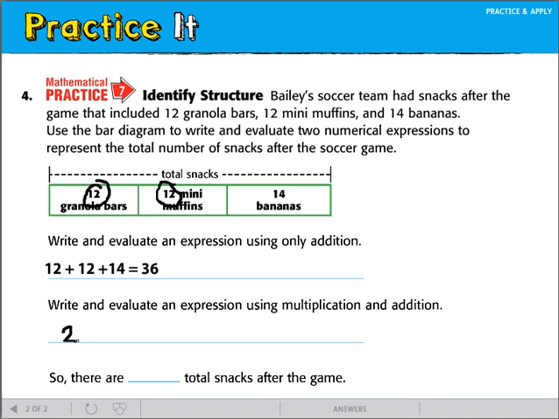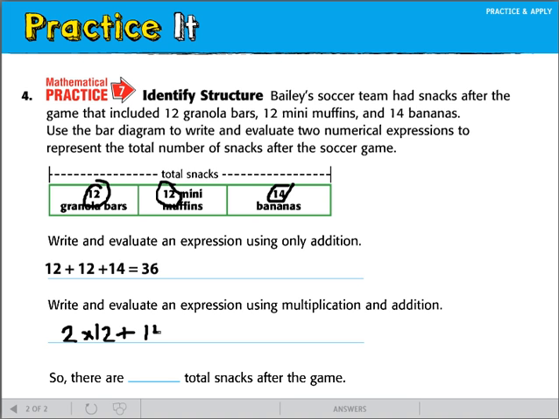So I have 2 times 12. Now I know I'm going to have to add this to something. So now I just need to know how many of the other numbers I'm going to have to add. So how many 14s are there? 1. So all I have to do is add 14, right?